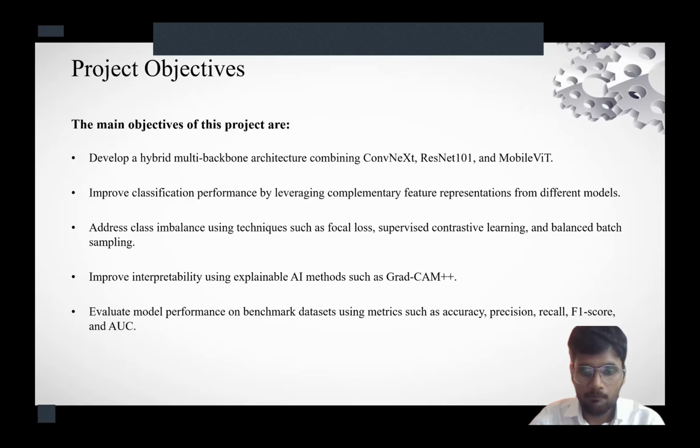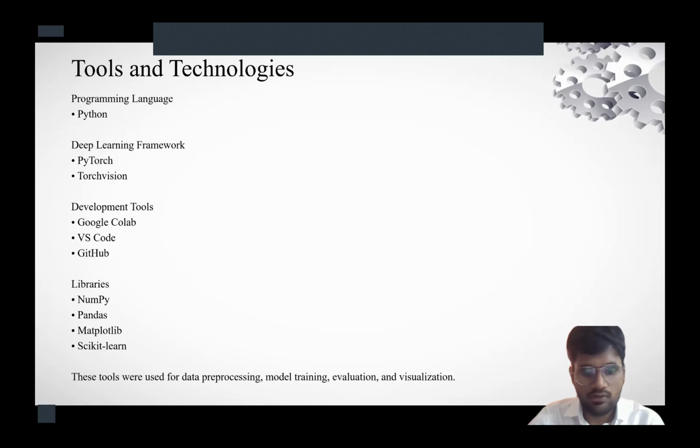We use a different hybrid model for that. Third, to address class imbalance using techniques such as focal loss and data augmentation. Finally, to improve model explainability, we use explainable AI methods such as GradCam, which visualize the regions used for the prediction.